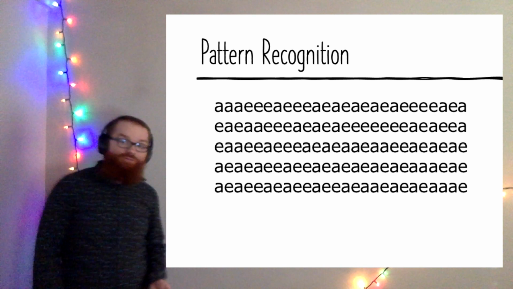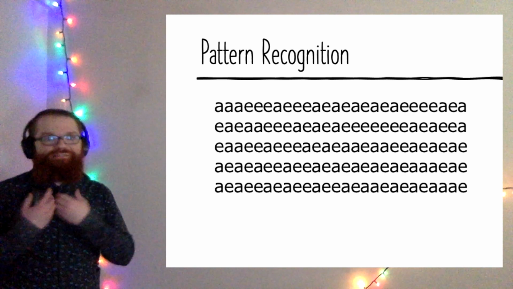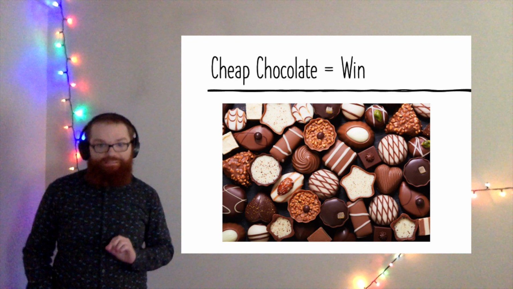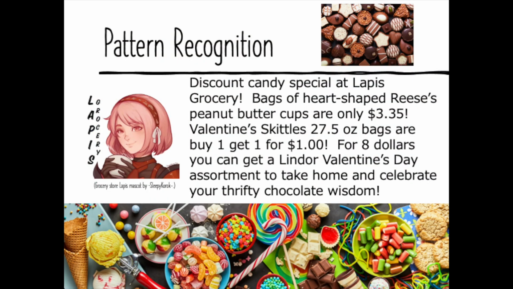Now, as we've learned firsthand through this course, computers can sometimes struggle with things that seem very basic for us. So, let's get back to that chocolate example. We have this ad from Lapis Grocery advertising a wonderful sale of leftover Valentine's candy for February 15th.